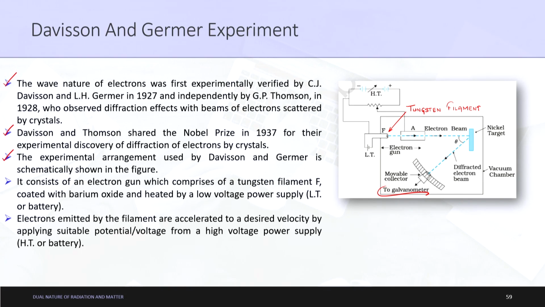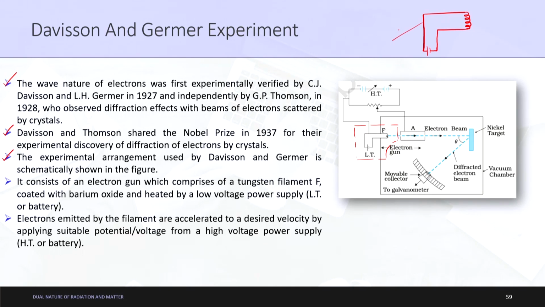It is coated with barium oxide and heated by a low voltage power supply LT or battery. As you can see, this is the power supply being used. Let us go very slowly because many things are being explained here. First, let us only look at this part.